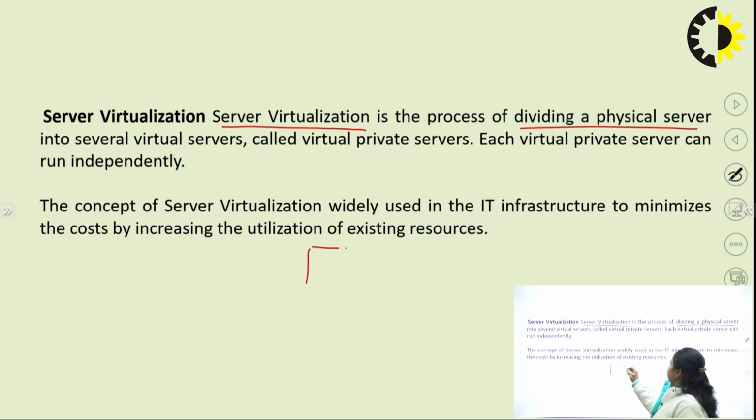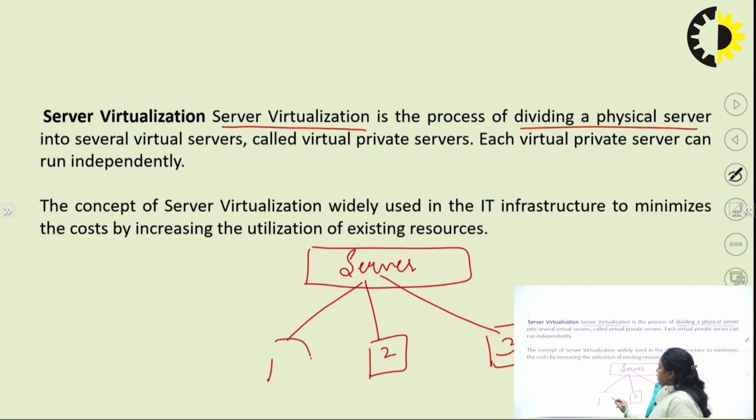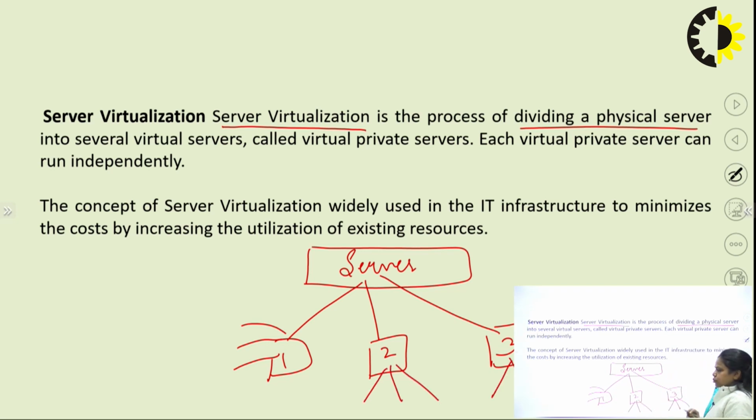If I'm giving an example, say server 1, it is divided into 3 instances. After creating the 3 instances, whichever system is linked with server 1, and whichever is linked with server 2 and server 3 and so on, they are working independently.